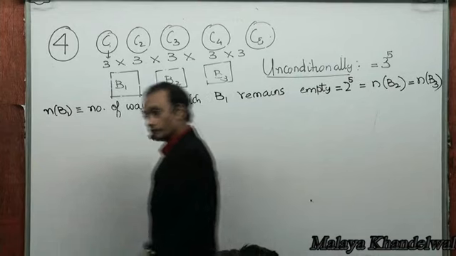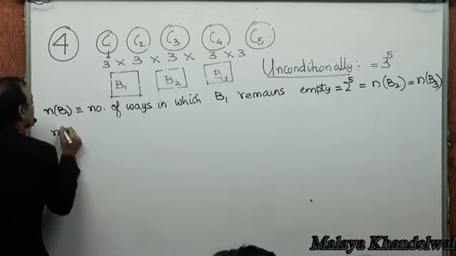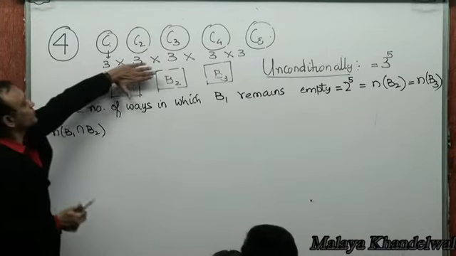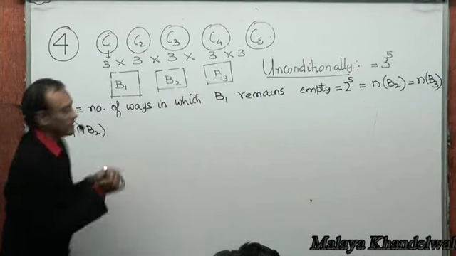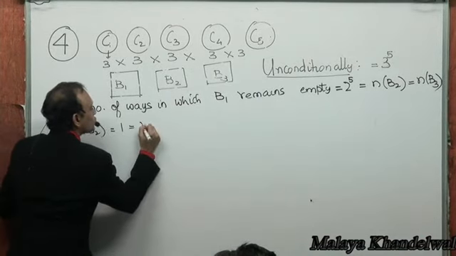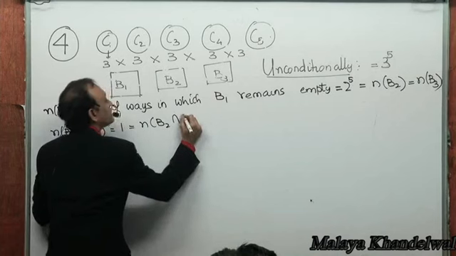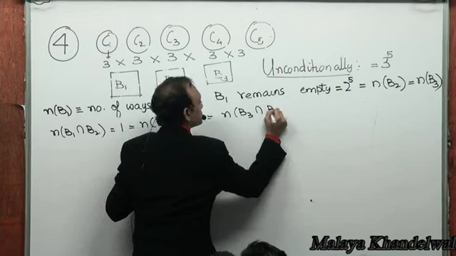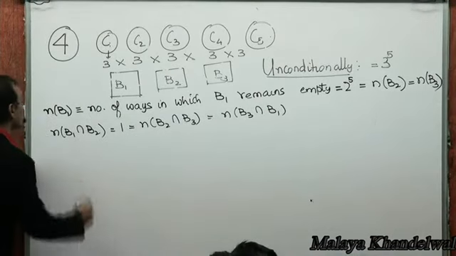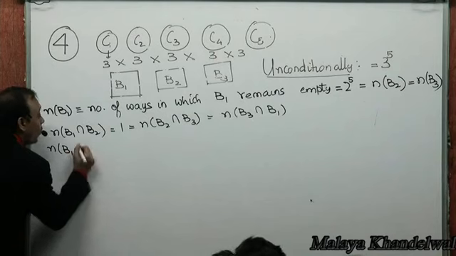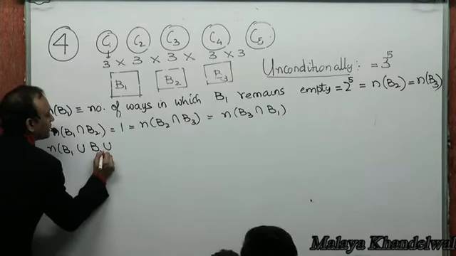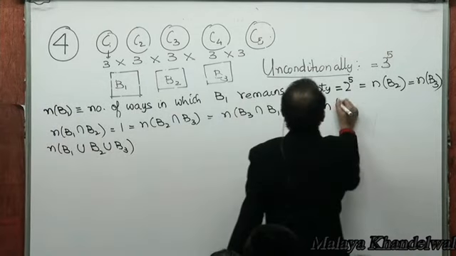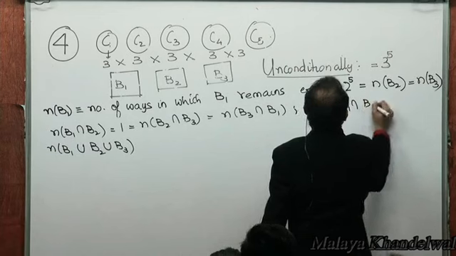Yes or no? Right? Now, number of ways in which B1 and B2 remain empty. Just one way. If B1 and B2 remain empty, all the balls are put in B3. So just one way. That's also the number of ways in which B2 and B3 remain empty. That's also the number of ways in which B3 and B1 remain empty. Yes or no? So number of ways in which B1 or B2 or B3 remain empty, and what's the number of ways in which B1 and B2 and B3 remain empty?